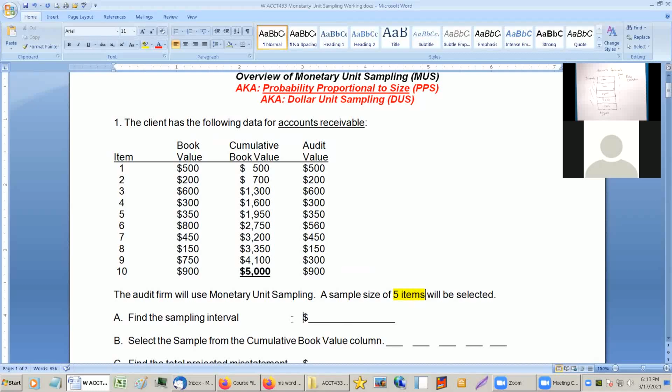And so the sampling interval is 5,000 divided by 5 items equals 1,000. So this is going to be our sampling interval.